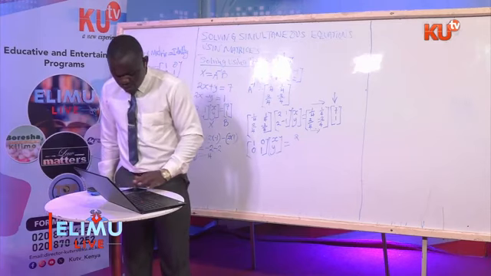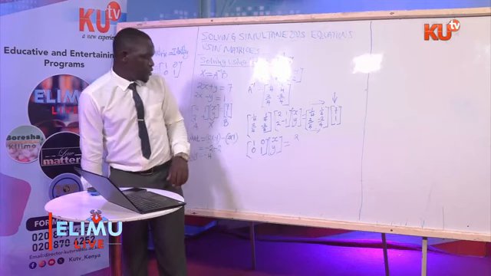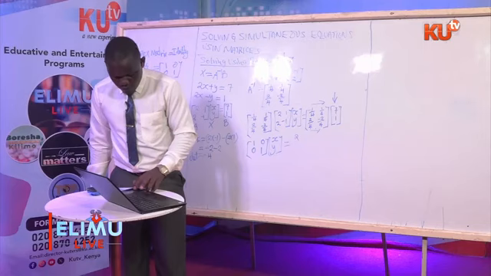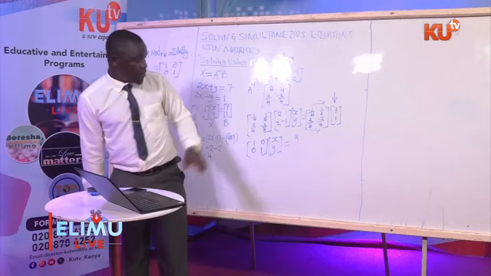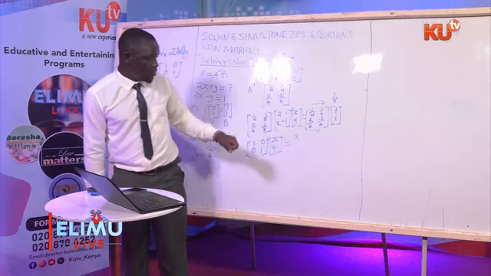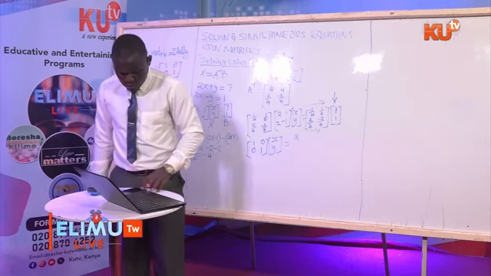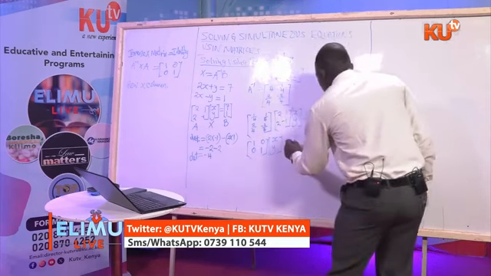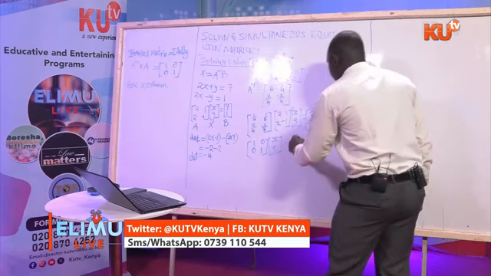Close the bracket. Plus negative 2 over 4 times 1. I'm getting this value as 3.